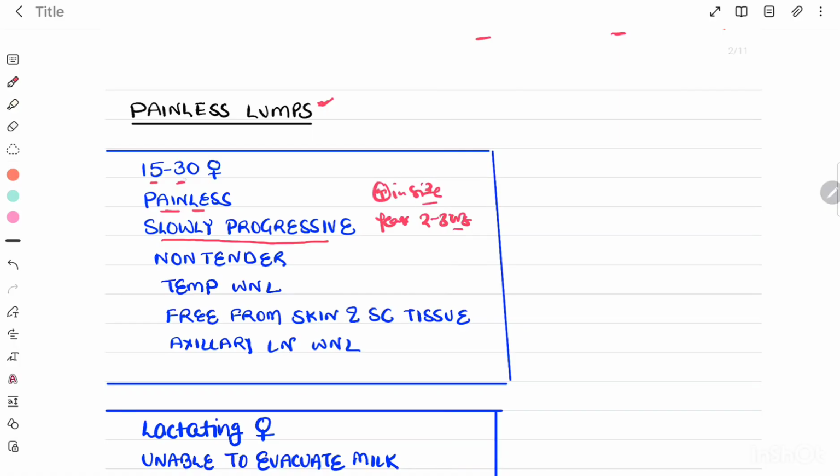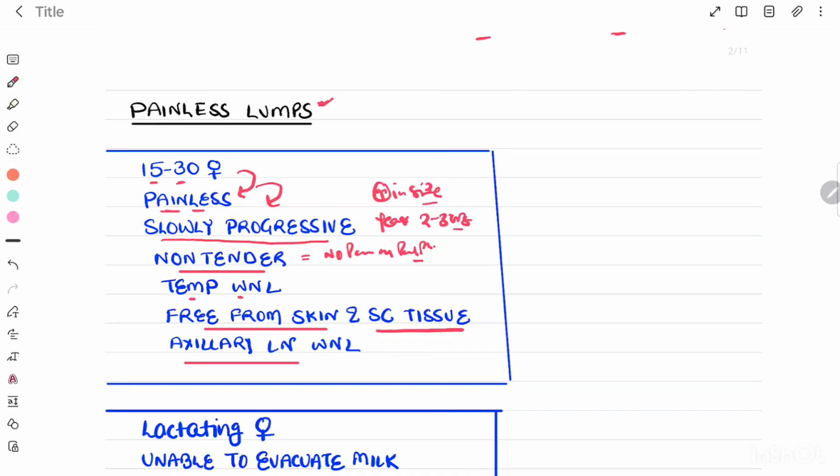On examination the breast lump is non-tender, meaning there is no pain on palpation, the temperature of the swelling is within normal limits, the swelling is free from the skin and the subcutaneous tissue, and there is no involvement of axillary lymph node.